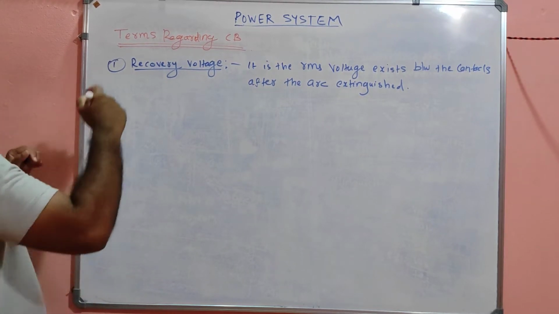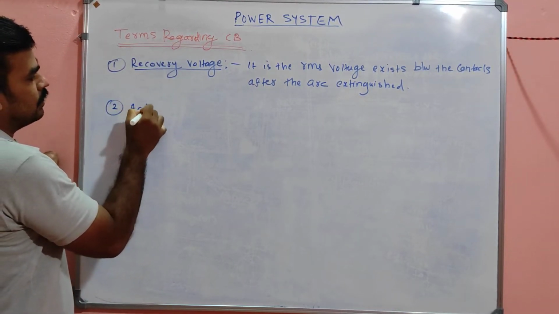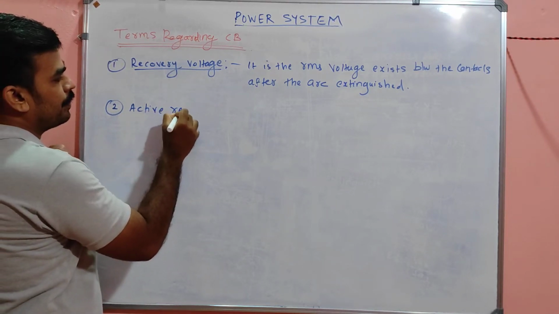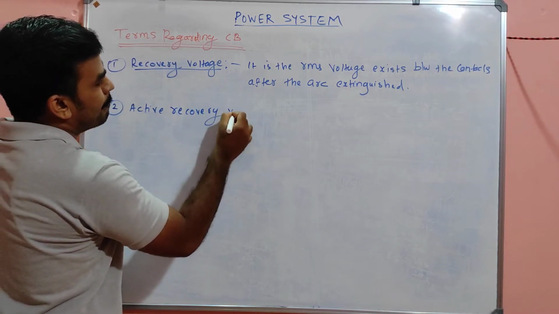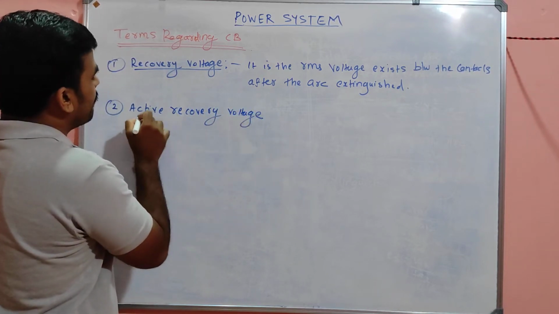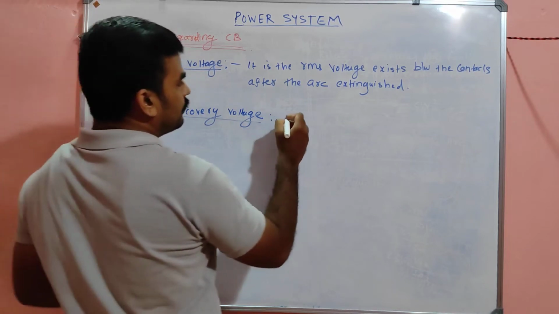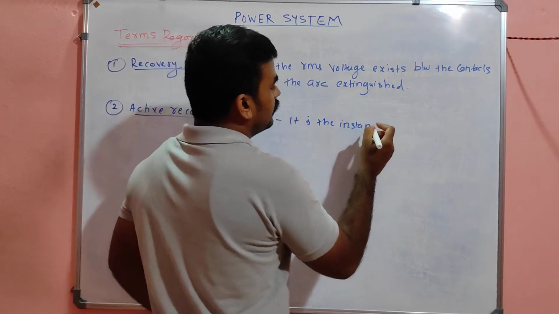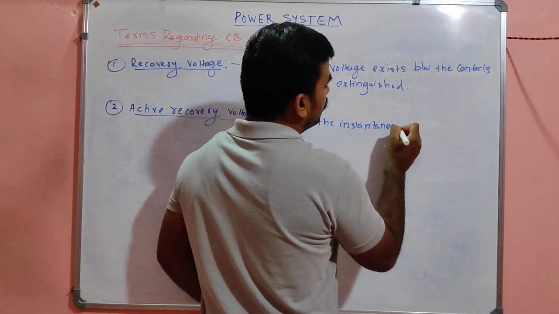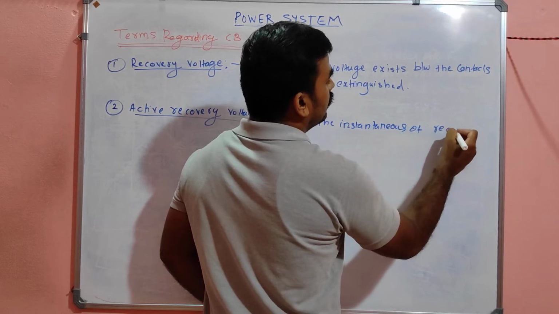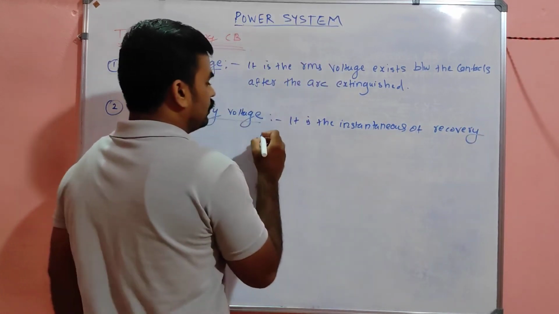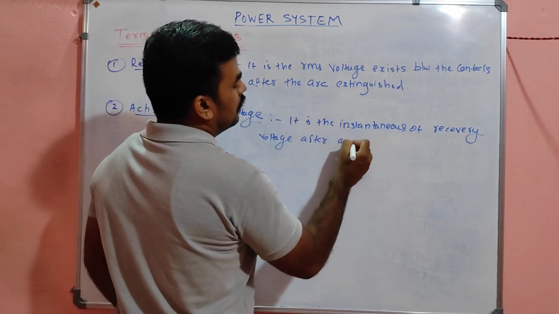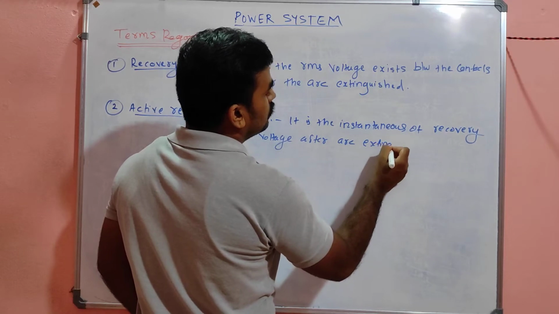Okay, and next one, active recovery voltage. It is the instantaneous value of recovery voltage after the arc is extinguished.